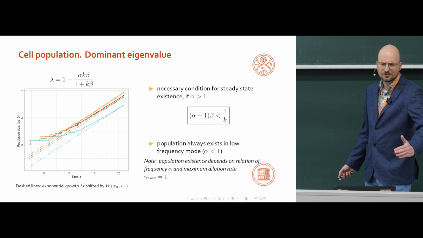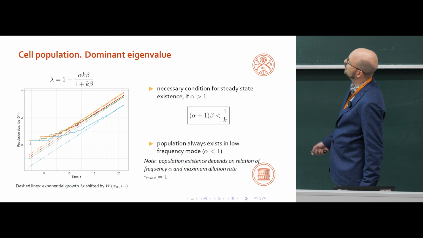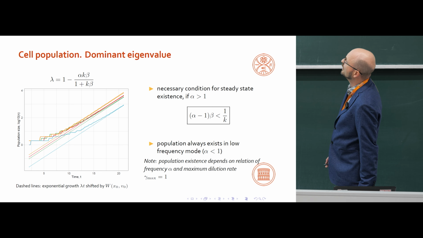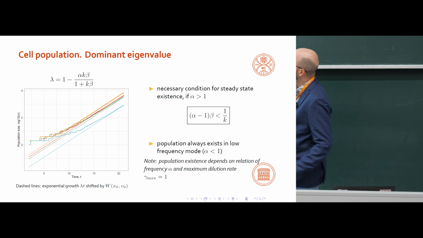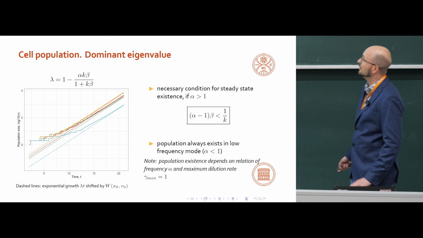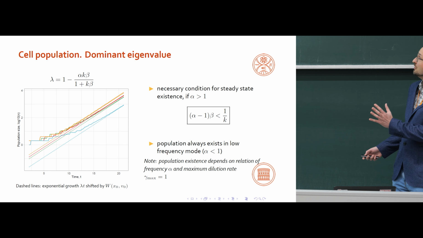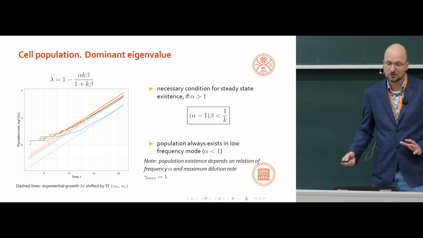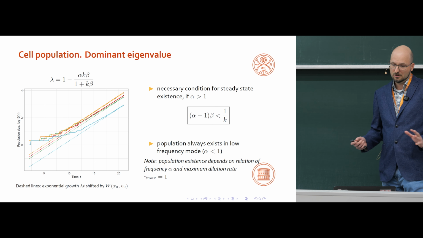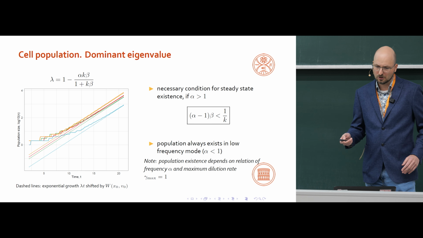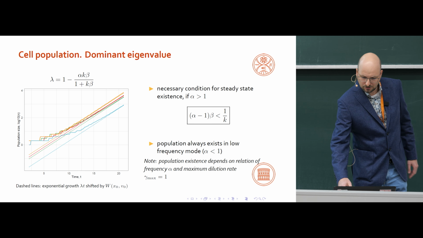The straight lines are the theoretical predictions with lambda as we calculated them, and the stochastic lines are the results of simulations of the branching process, the measure valued Markov process. And again, we have some condition for the existence of the distribution, which I won't go into detail about.